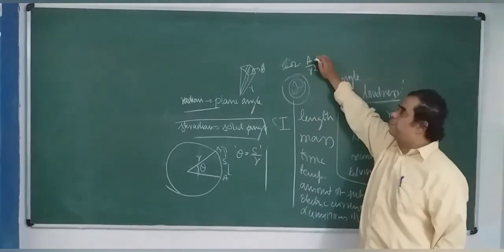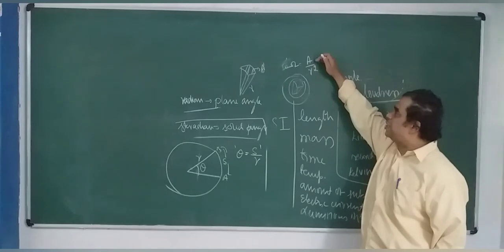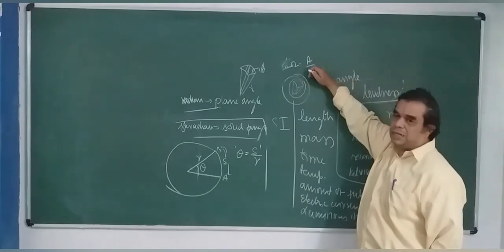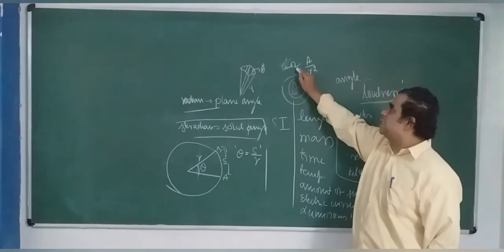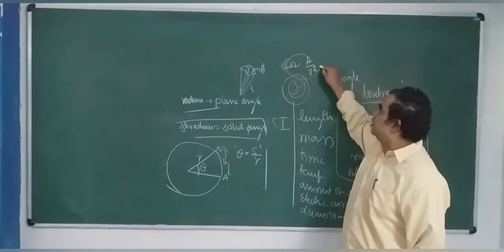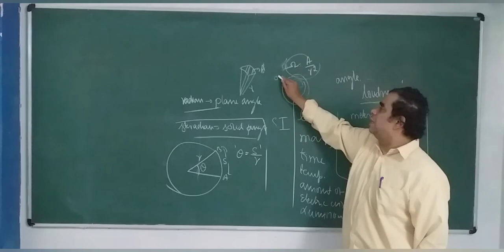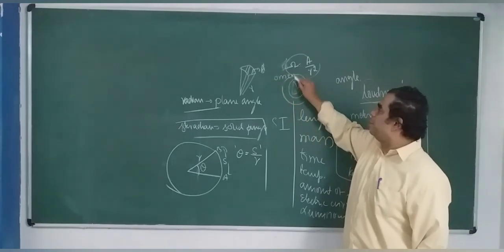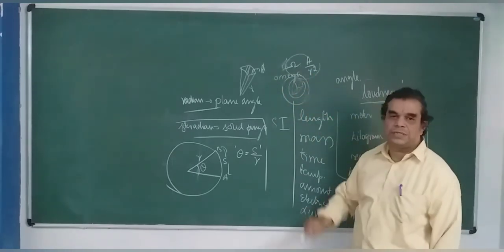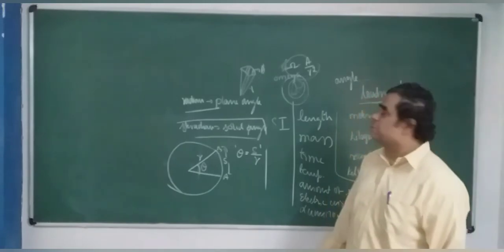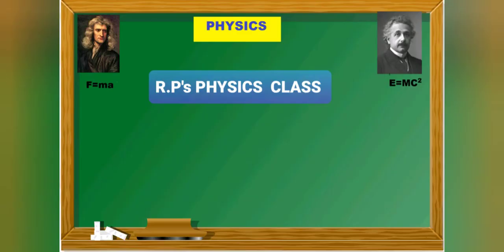The area cut on the sphere surface to the radius squared of that sphere is what we call solid angle, omega. This symbol is pronounced as omega, and in your high school classes, that symbol is used for the unit of resistance, ohm. I conclude this session now.